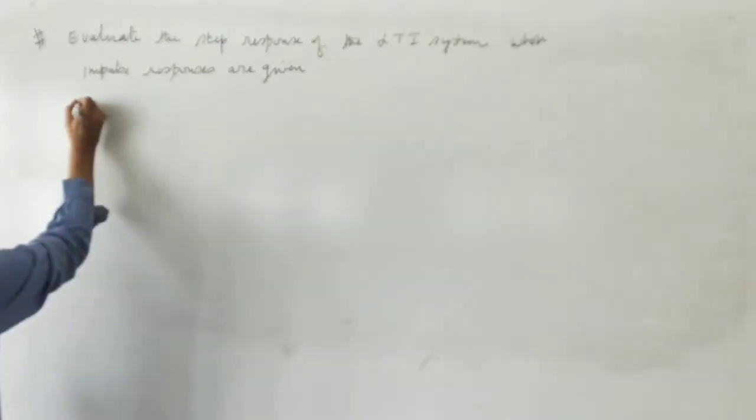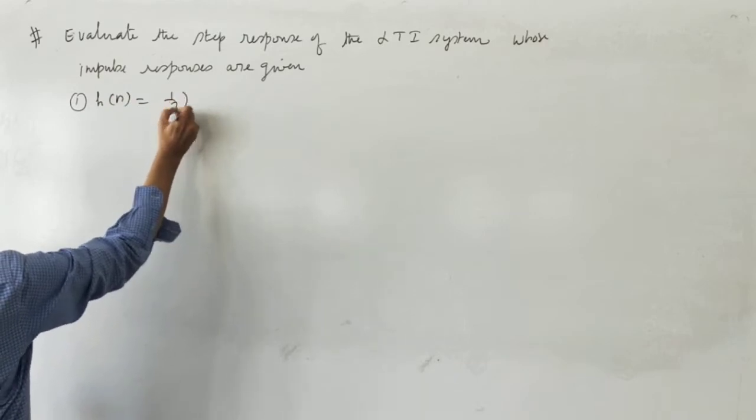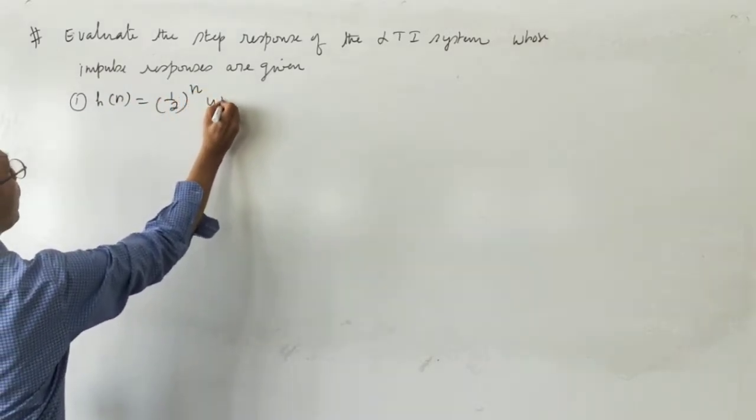First problem, h of n equals half to the power n into u of n.